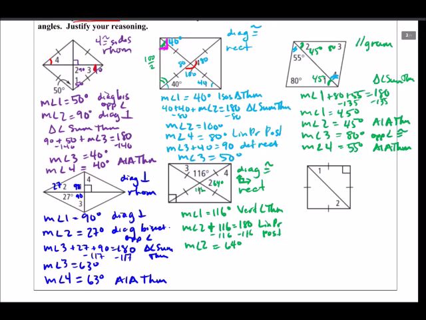So now what's next? How are we going to find the measure of angle 3? Well, let's take a look up here. Do you see this isosceles triangle here?